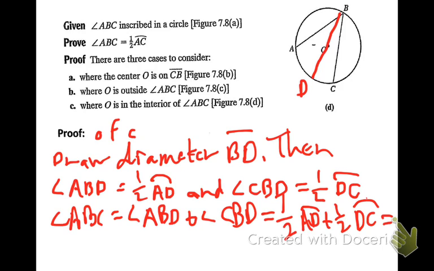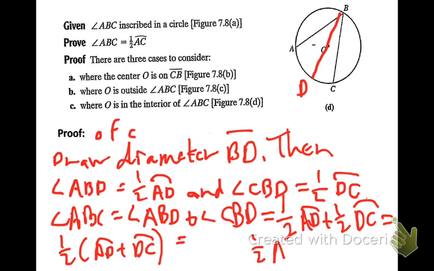And we factor out the 1/2, that equals 1/2 of arc AD plus DC. And then by arc addition, we know that that equals 1/2 of arc AC. All right.